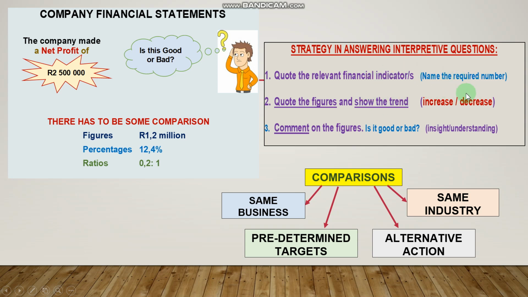So you gave me the trend, and now you need to tell me whether that increase or decrease was good or bad. This comment is what will tell the examiner or the person marking your work whether you really and truly understand what those figures are telling you, the information conveyed by those figures.